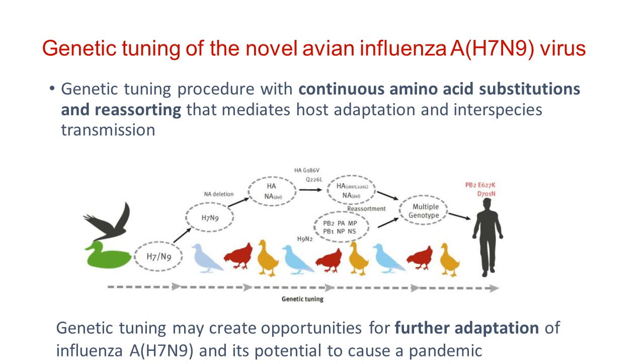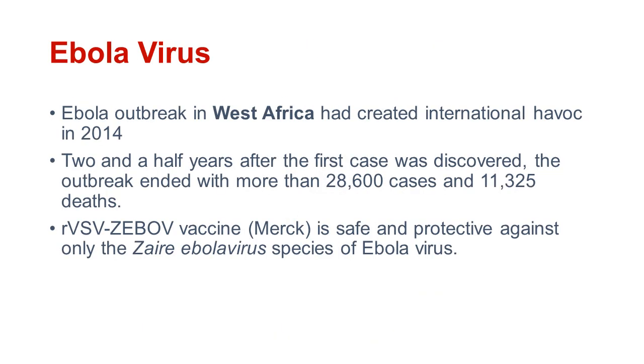How it will affect the future is that this genetic tuning might cause further adaptations in this virus, which might be much more pathogenic compared to the existing one, and the pandemic might be more severe than the existing one. We need to be prepared and understand how this genetic tuning happens, so that we have an idea upon which we can develop antivirals accordingly.